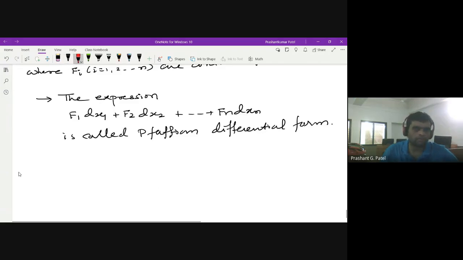Now the definition of this Pfaffian differential form: it should be exact. So the definition of exact.